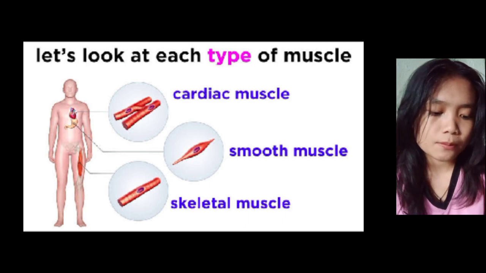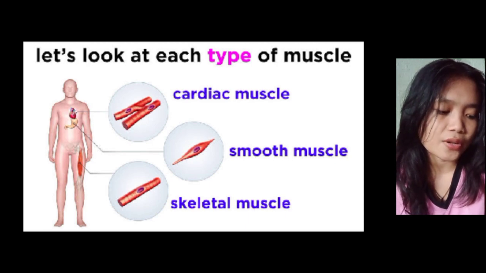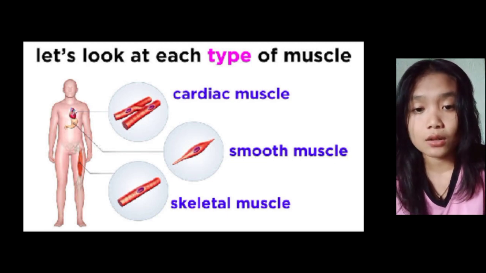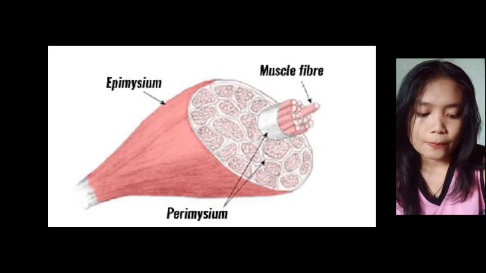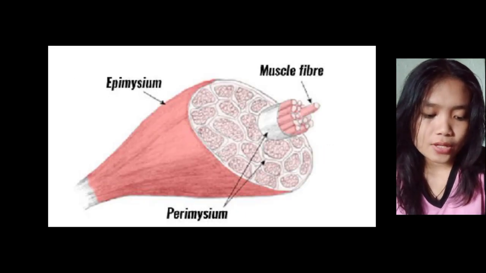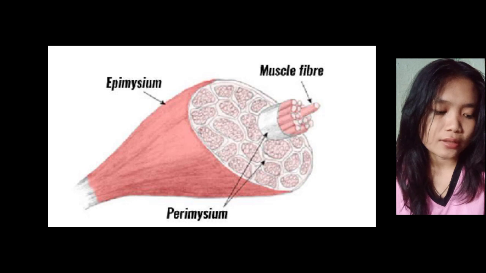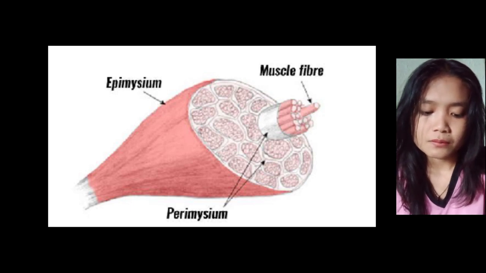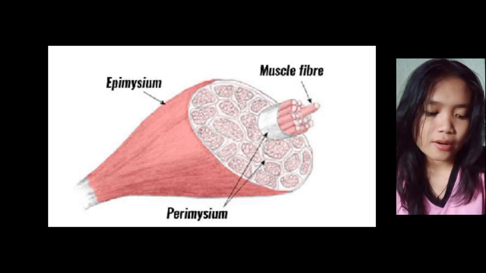The individual bundles of muscle fiber in a skeletal muscle are known as fasciculi. Muscle fibers or muscle cells are elongated, unbranched, and multinucleated fibers. Then striations: transverse alternating dark and light bands.